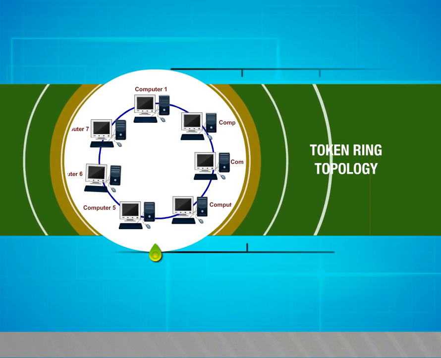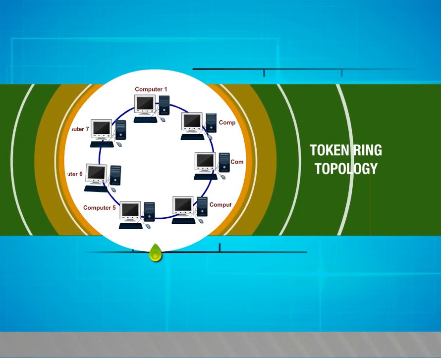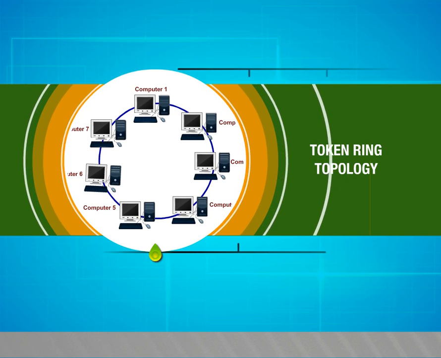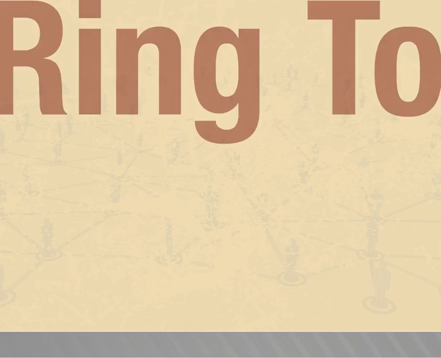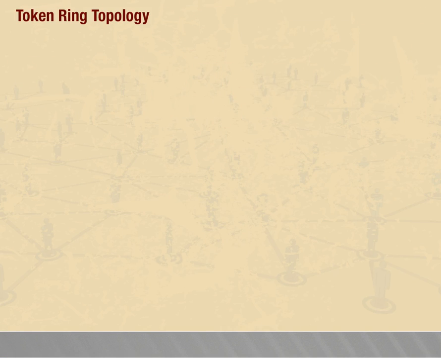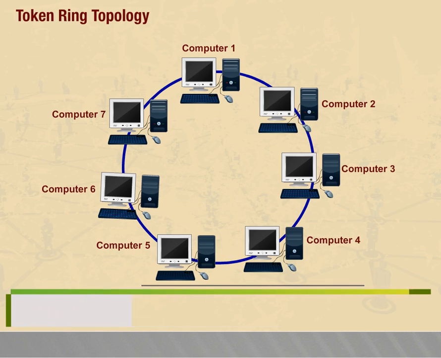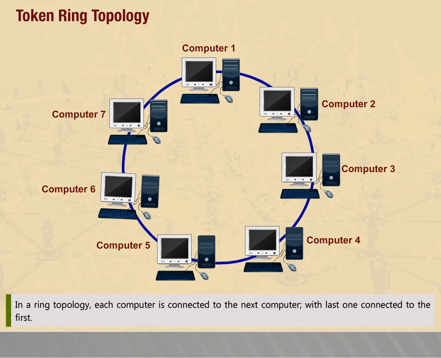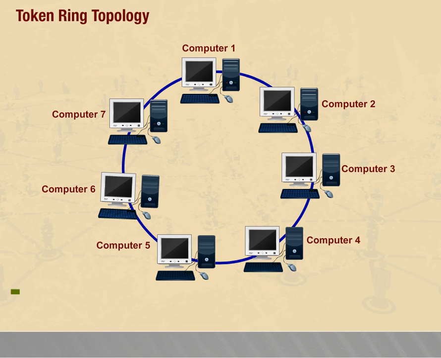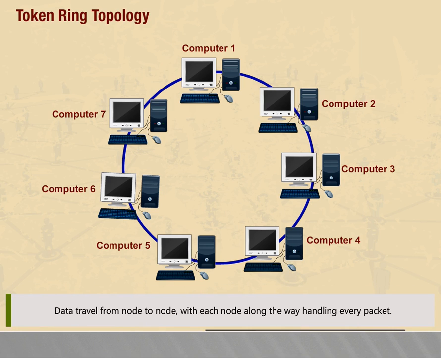Token ring topology. In this video, we are going to learn about token ring topology. In a ring topology, each computer is connected to the next computer with the last one connected to the first. Data travel from node to node, with each node along the way handling every packet.